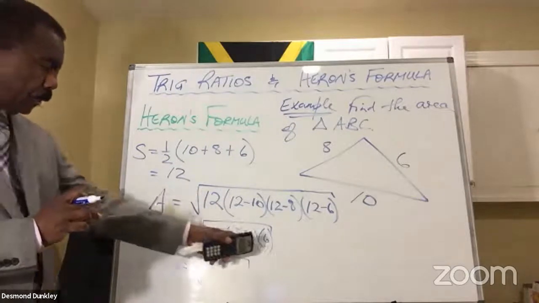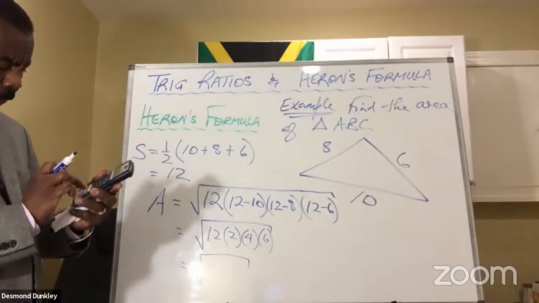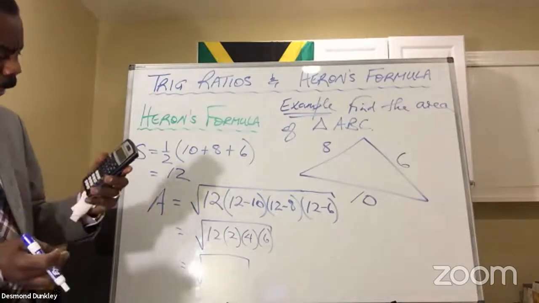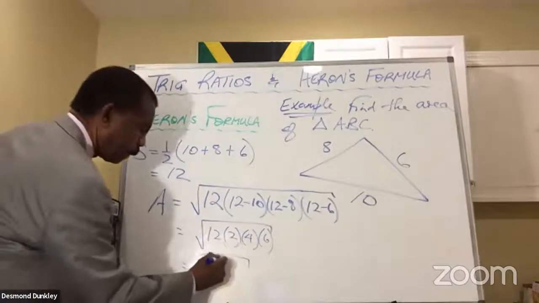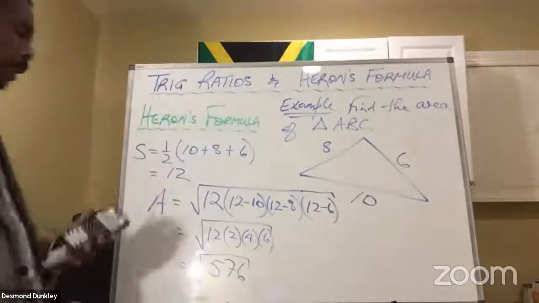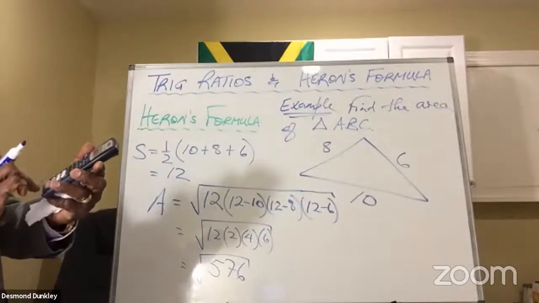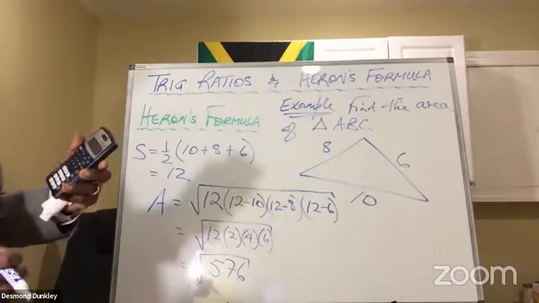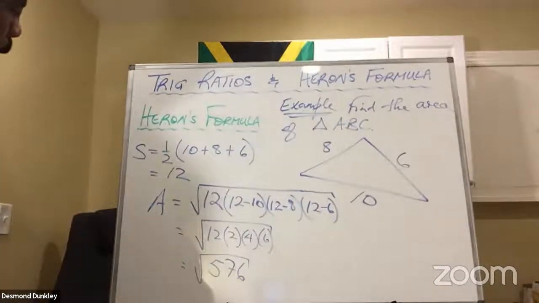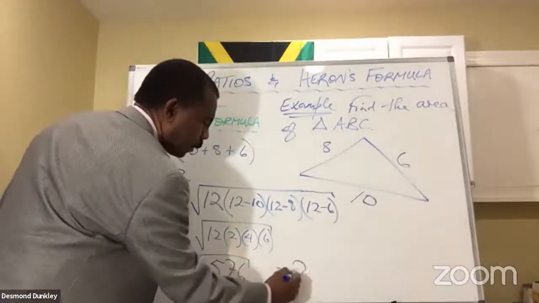So 2 times 4 is 8, times 6 is 48, so it's 12 times 48. And that gives us 576. Let me double check. So it's 24 times 24. Okay, 576.